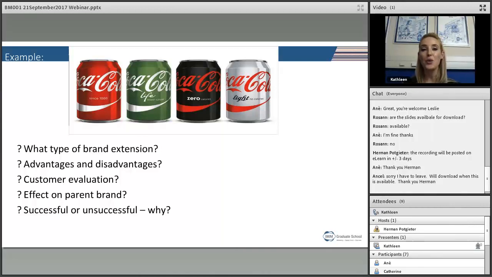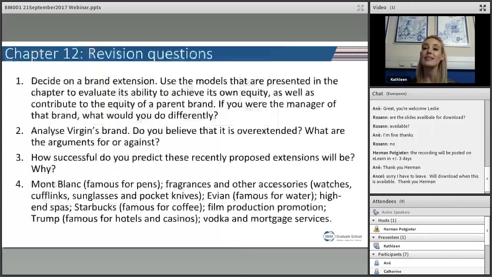If you are thinking of working on an application-based concept to apply all of this theory, the best example that we have to use is Coca-Cola. If we look at all of their different extensions, they fit into both line and category extensions. We can evaluate each different product in terms of advantages and disadvantages, as the different brands do bring different things.